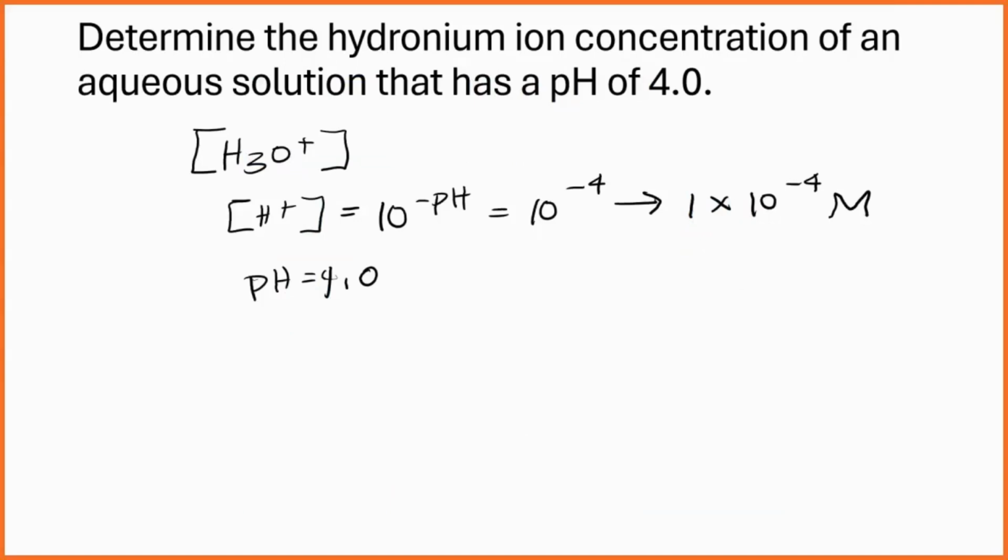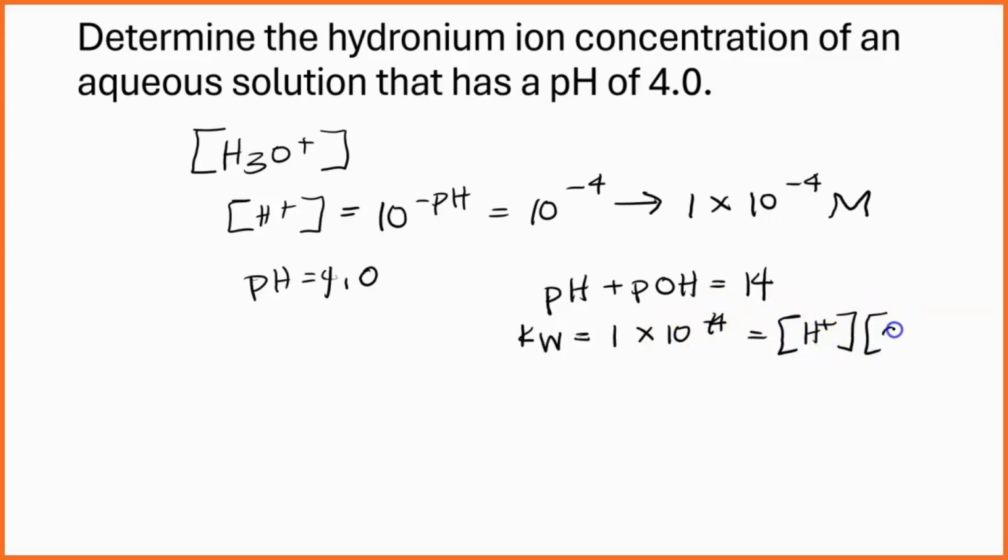Let's kind of recap the formulas that we saw today. The most basic is the one we just saw. pH plus pOH equals 14, always. We also said that Kw always equals 1 times 10 to the negative 14, and that equals my hydrogen times my hydroxide. So I can use that to find a hydrogen concentration that's missing or a hydroxide concentration that's missing.